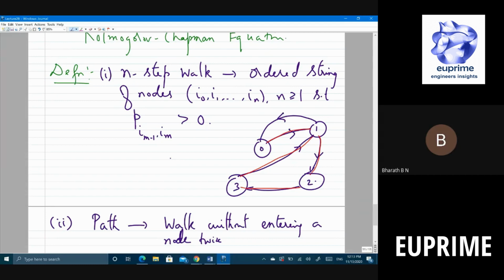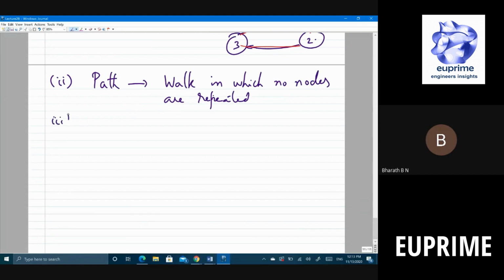I'll simplify this: basically, it's a walk in which no nodes are repeated. This is the path. So clear, right? You cannot circle. You cannot come back to some state.